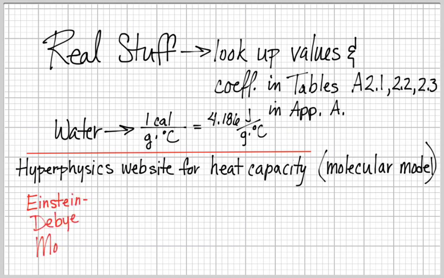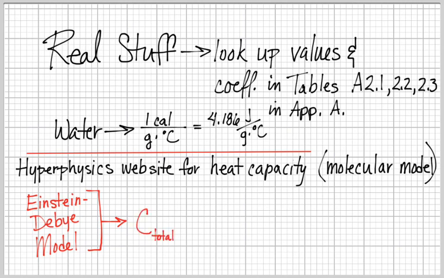Now, the last thing I want to leave you with is if you look up heat capacity in HyperPhysics, that's the webpage from, I believe, Georgia State University. In addition to showing some nice supplemental educational material, they've got a great description of the molecular model that was formed by Einstein, built off of the Debye model. So it's the Einstein-Debye model for heat capacity. And very simply, when we're describing heat capacity, we're describing it as a sum of two parts.